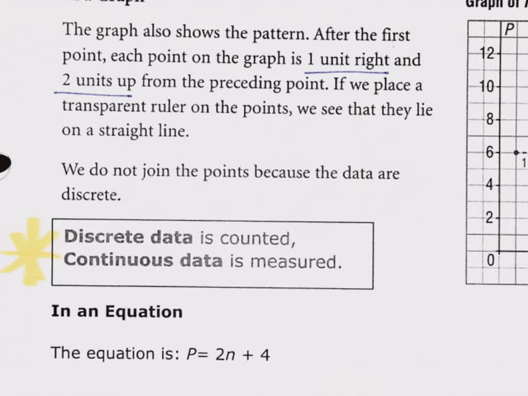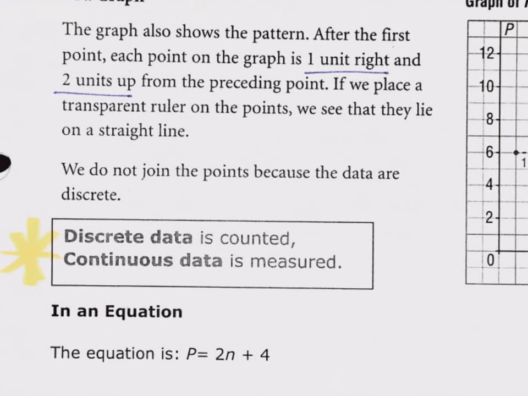If I'm counting people in this room right now, I make 13, right? Can we have 13 and a half people? No, that's not nice to cut somebody in half. So we couldn't connect the points because there are no values in between. We either have 12 people or we have 13 people. We don't have 12 and a half people.